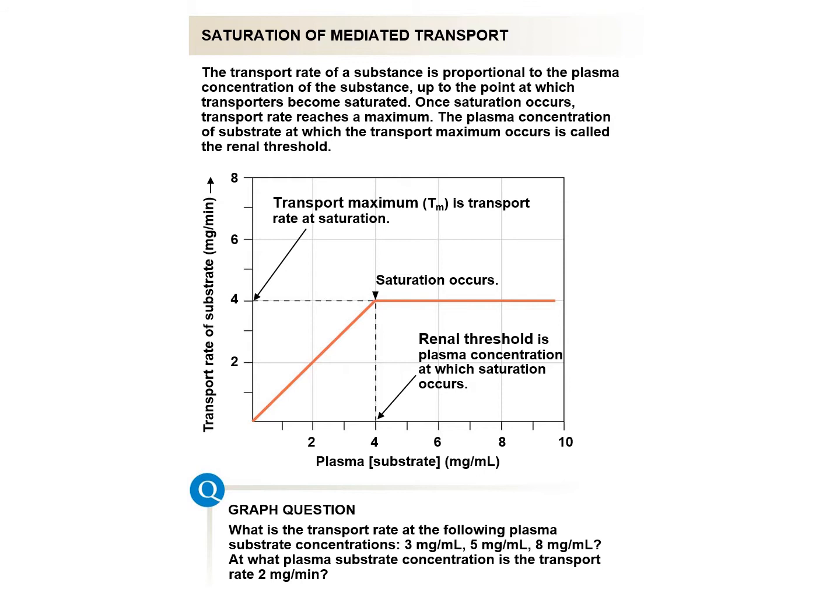It's just that the reaction they're catalyzing isn't changing chemical bonds, it's changing location across a barrier that a molecule normally wouldn't pass, lowering the activation energy anyway. Well, so transporters behave like enzymes. And so we're going to start talking about this concept known as renal threshold when we hit saturation of those transporters over the next few slides.